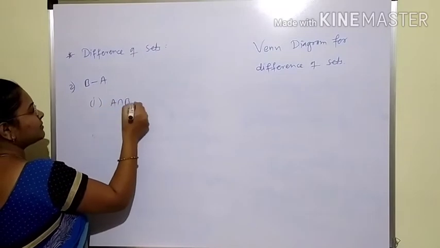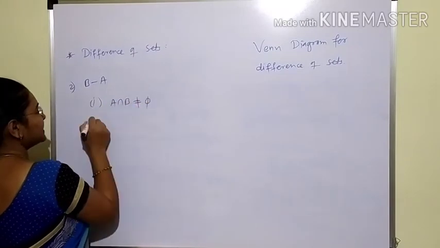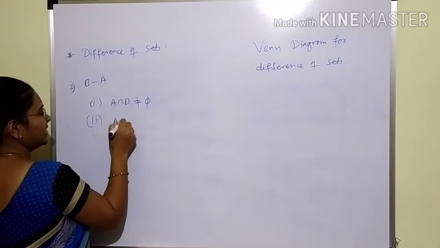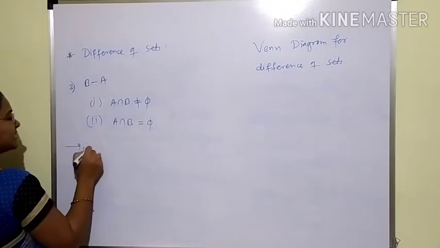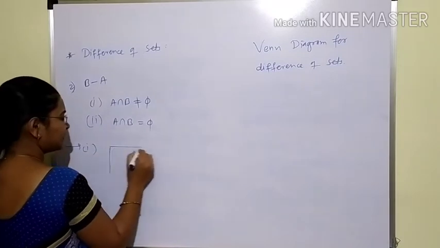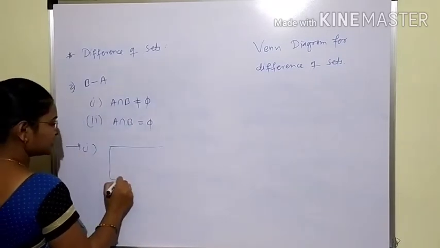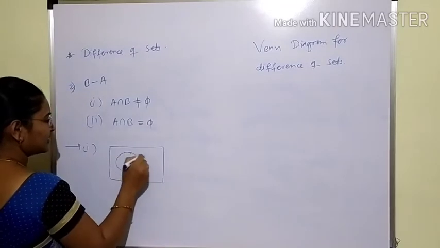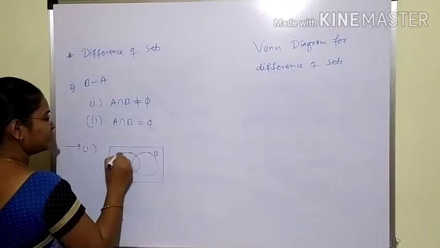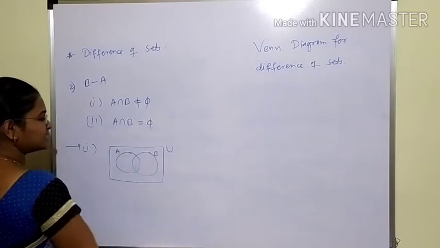A intersection B is a non-empty set, and second case, A intersection B is an empty set. So for the first case, if their intersection is a non-empty set, suppose this is your set B, this is set A, this is the universal set.